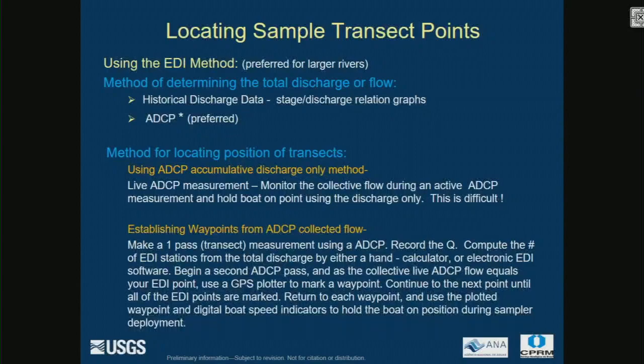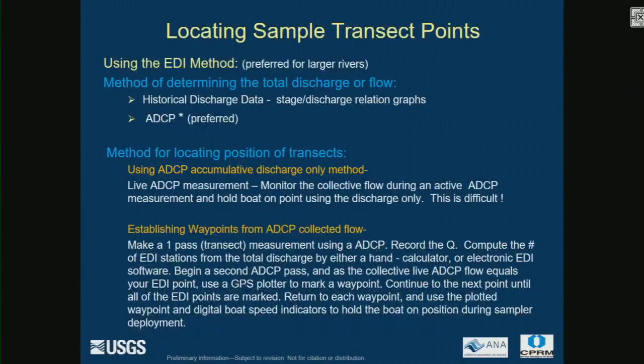We decided that we could refine that a little bit and start establishing waypoints when we put our own GPS system on there, made by one of the manufacturers, where we could set waypoints in the river.